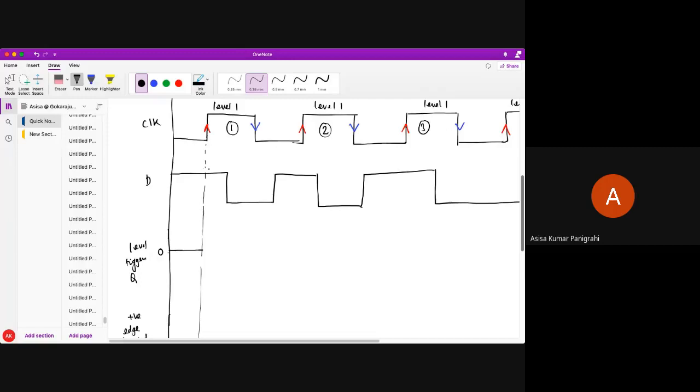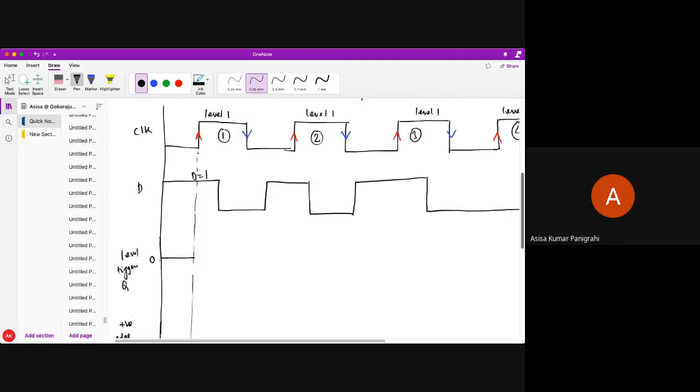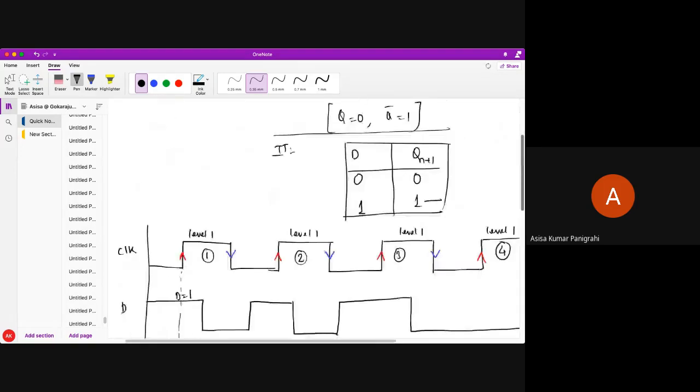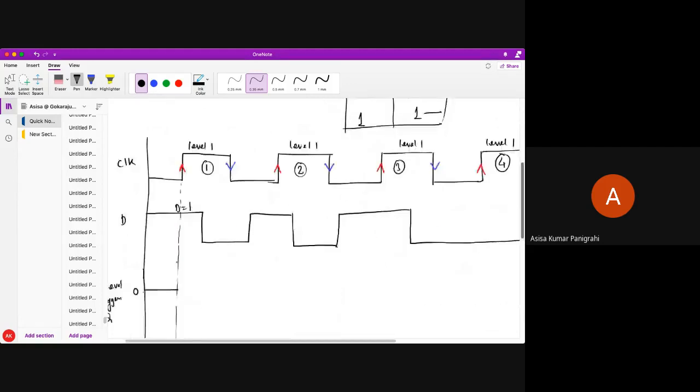It will continue up to when I have my input change. So here in level 1, what is my input? D equal to 1. If D equal to 1, tell me what is my Q(t+1)? My Q(t+1) is 1. So I'm going to have a change here, D equal to 1 equals Q(t+1). It will continue up to when there is any change in this D in this level. Here there is a change. So what is this? D equal to 0 now.